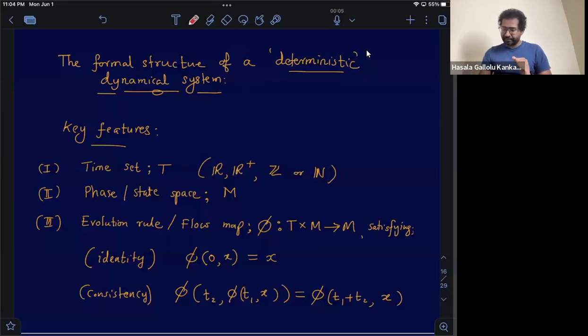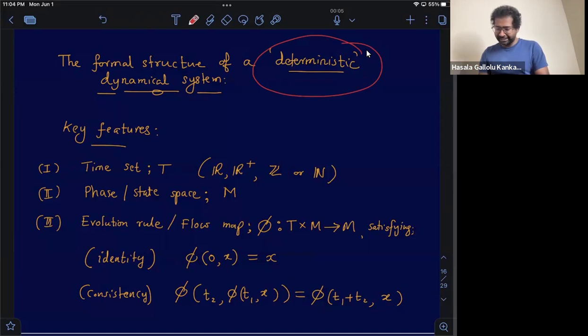Now, one important thing: I want to recall this entire setup just to talk about one word that I forgot to mention earlier, deterministic. What do we mean by deterministic?